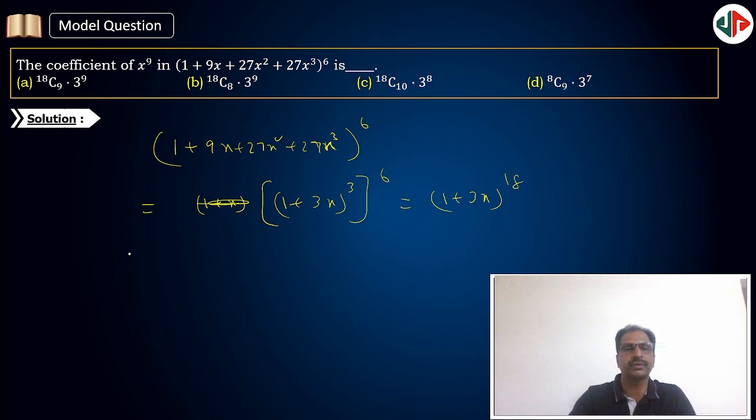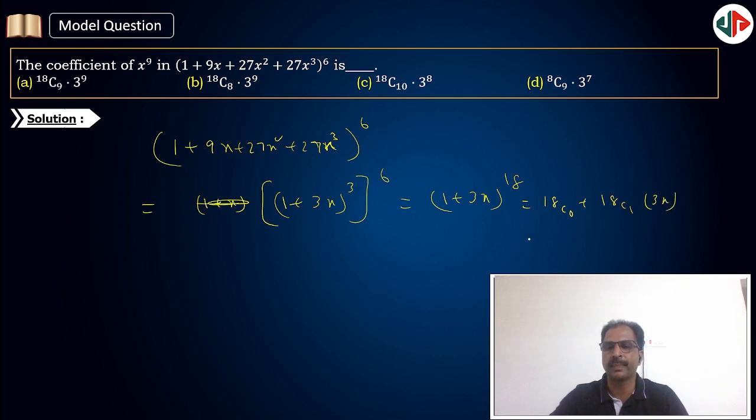Now the question is the coefficient of x power 9 in this. What is the expansion of (1 plus 3x) whole power 18? 18c0 plus 18c1 into 3x, 18c2 into (3x) whole square, plus so on, 18c9 (3x) whole power 9, plus so on, 18c18 (3x) whole power 18.